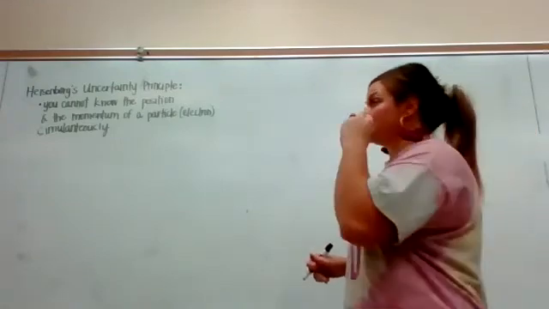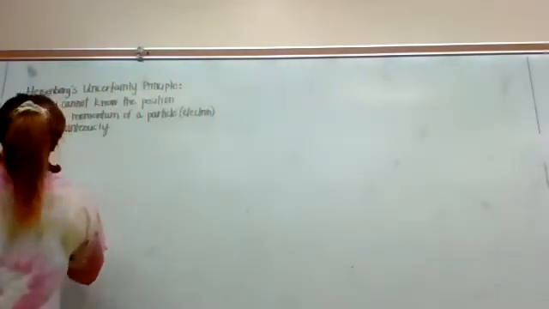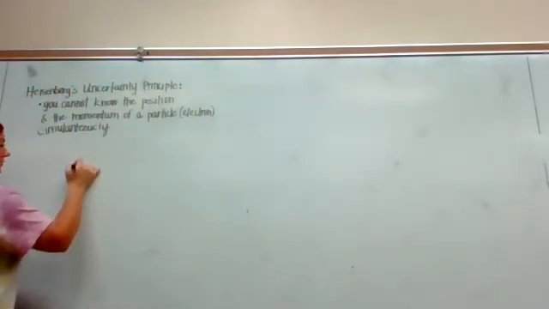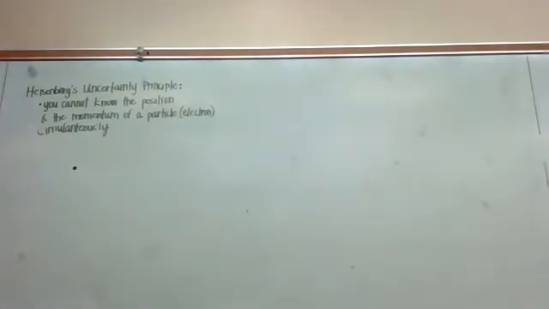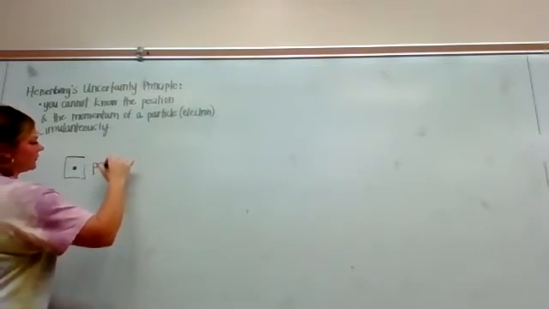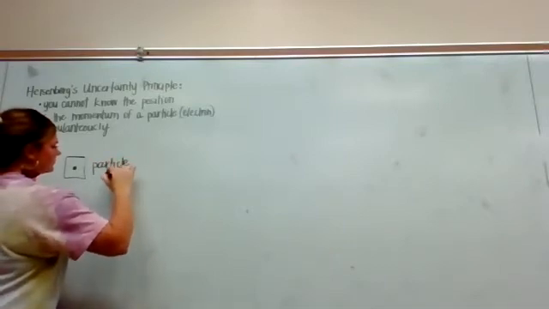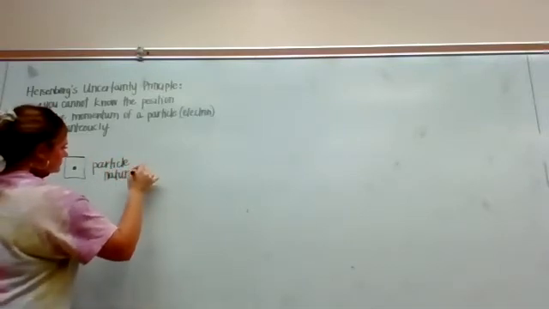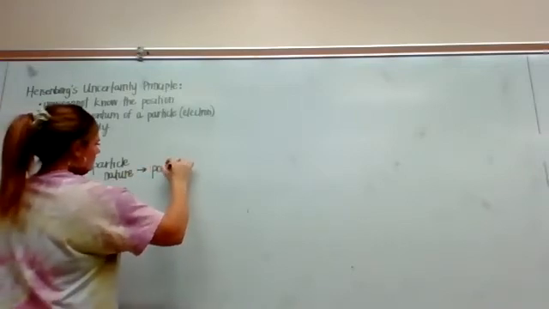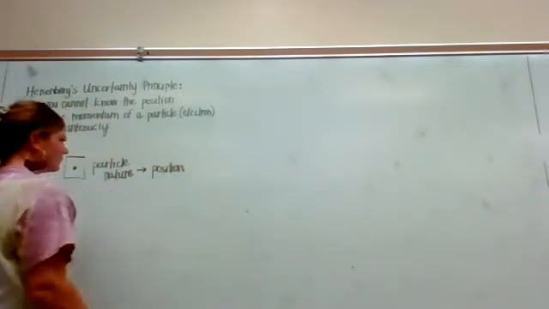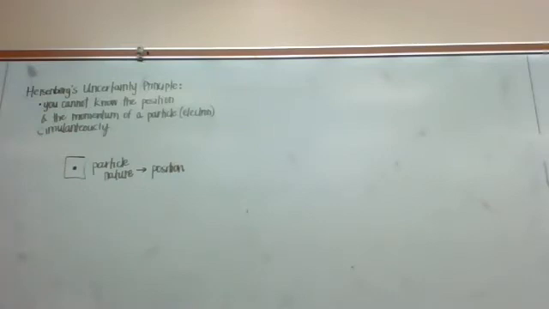Basically, what that means is if you look for the position of a particle, then the momentum is undeterminable because you're trying to single out particle nature. So you can no longer look at its wave nature.